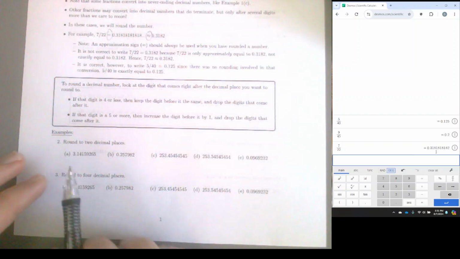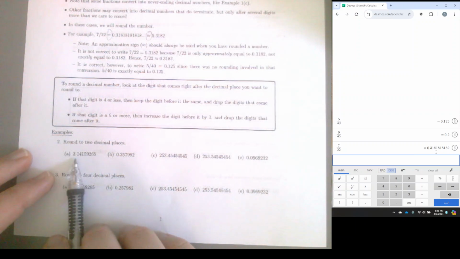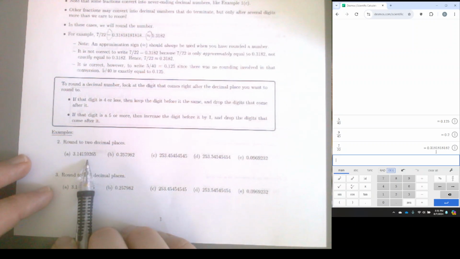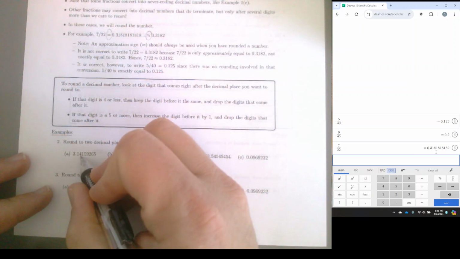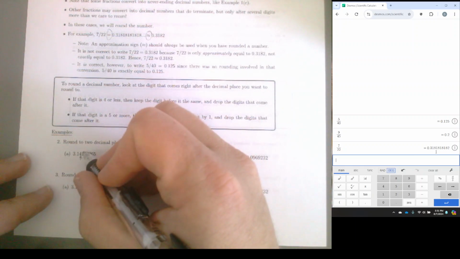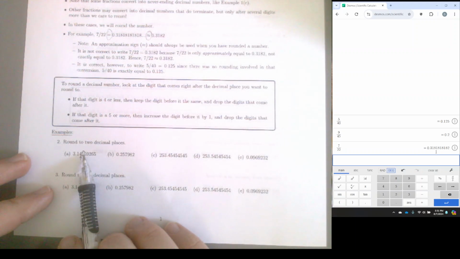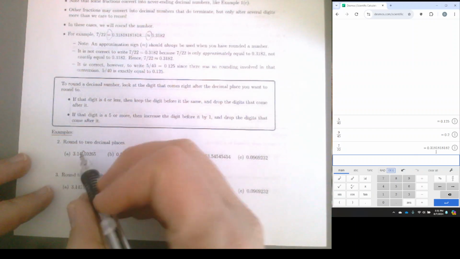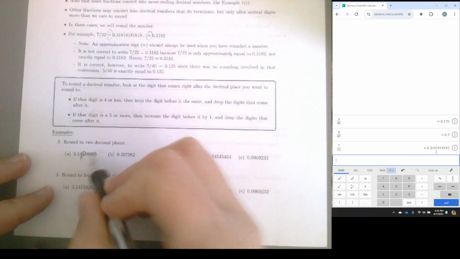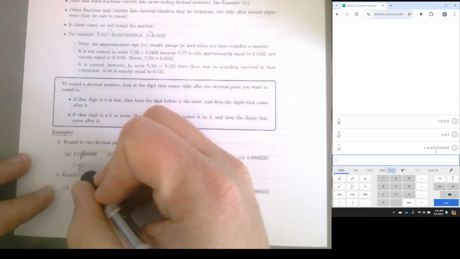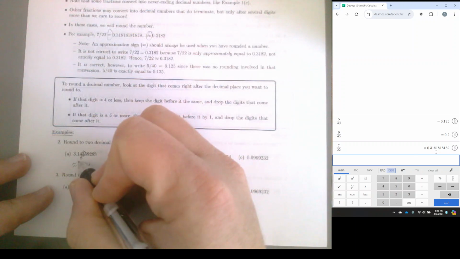For example, this number, 3.1415, etc., is approximately equal to the number pi. If we wanted to round it to 2 decimal places, then we would note that the 4 is at the second decimal place, and then we would look at the digit that comes after it, in this case a 1. Now since that 1 is 4 or less, we simply drop all of those digits and say that this is approximately 3.14.